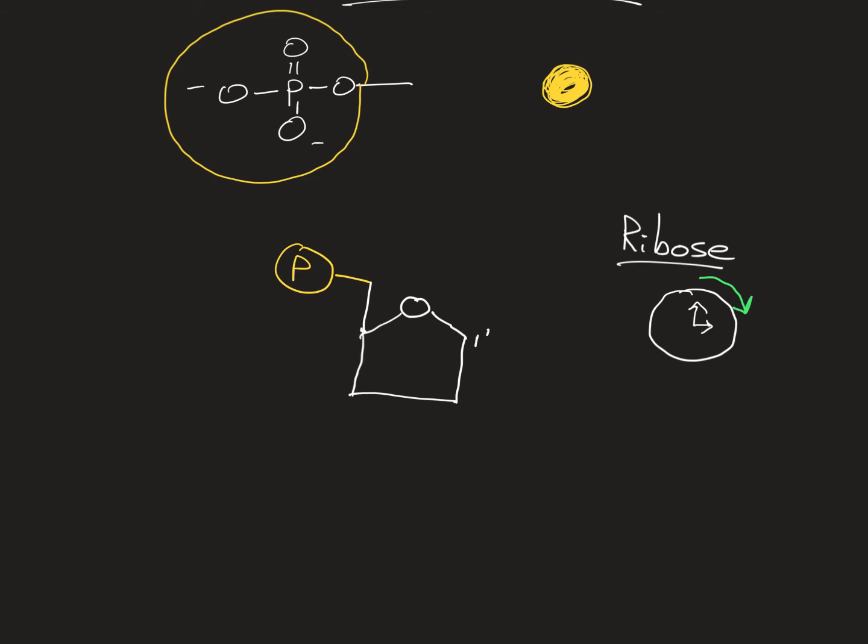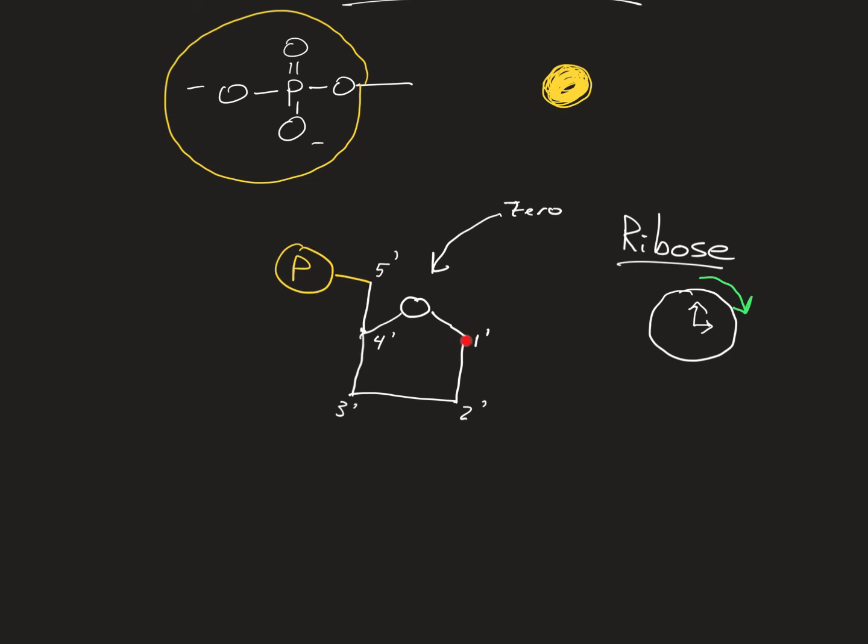The second one, obviously, is 2 prime, 3 prime. I like to think of this as 0, right? Because it's an oxygen. It looks like a 0, so I think of it as 0. And the 4th carbon's here, 4 prime, and this is the 5th prime carbon.